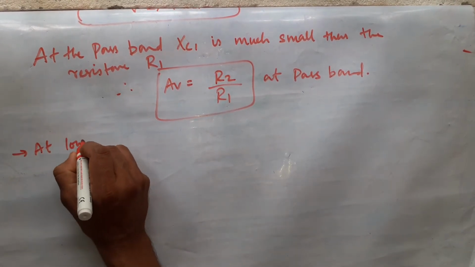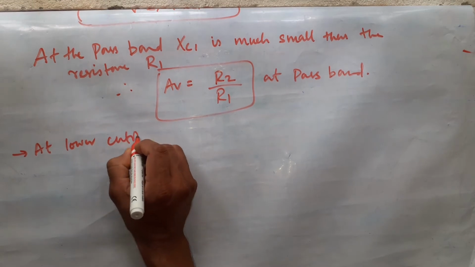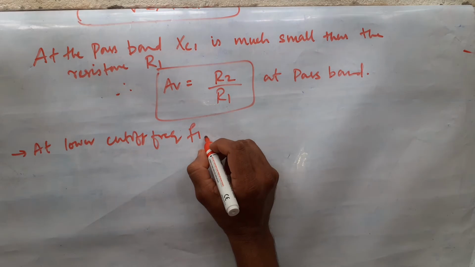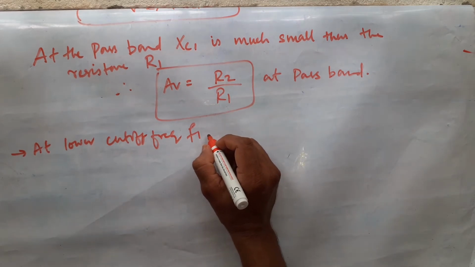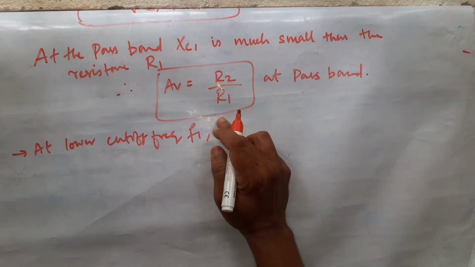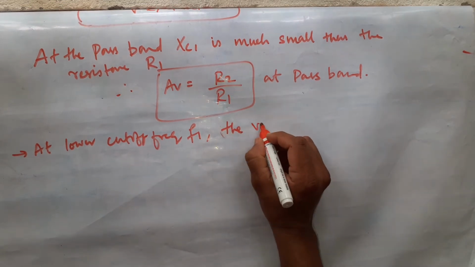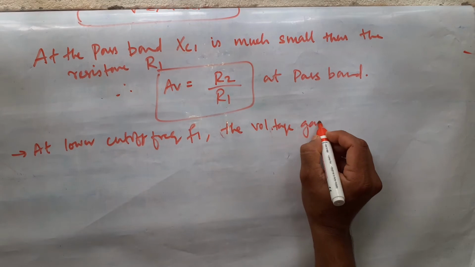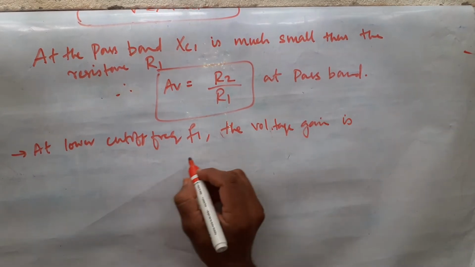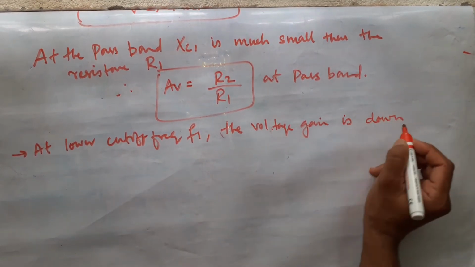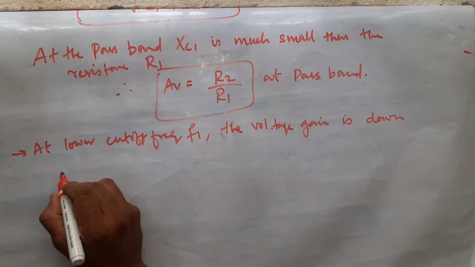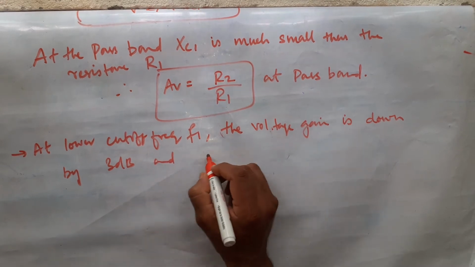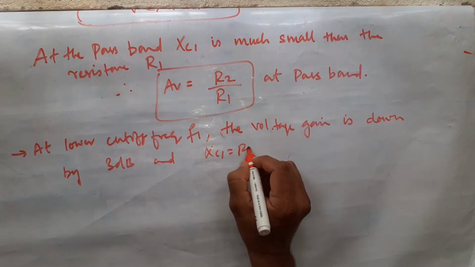At lower cutoff frequency, that is F1, which is at the cutting edge, the voltage gain is down by 3 dB and XC1 equals R1.